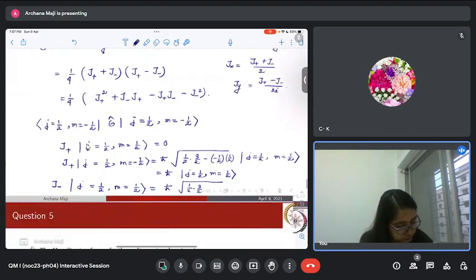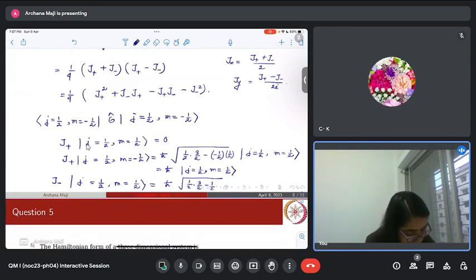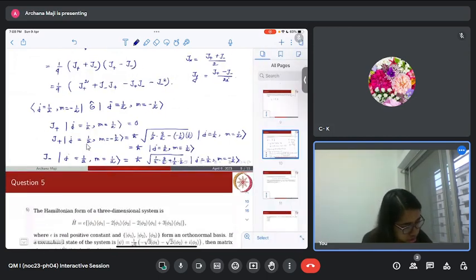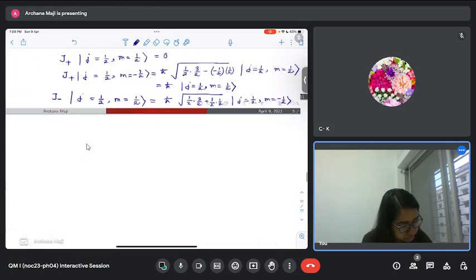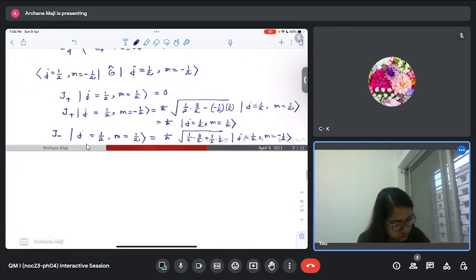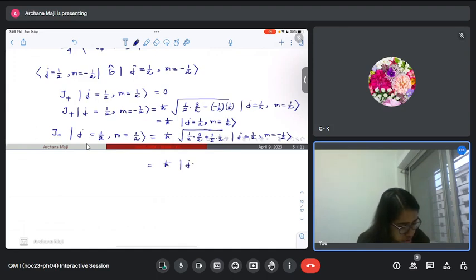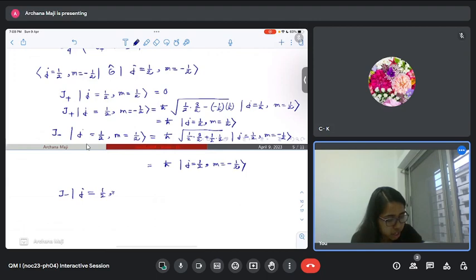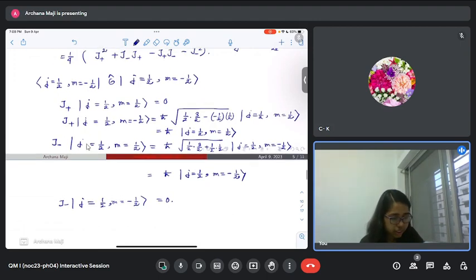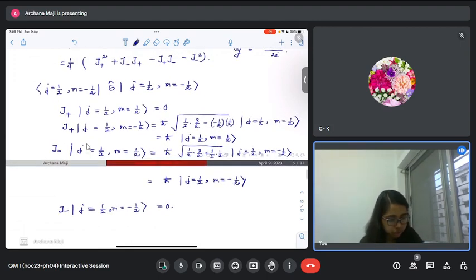But okay, minus half into m minus 1, so minus half, so 1/4. So h cross. Now j minus, when it hits m equal to minus j state, that is minus half, it gives 0. Okay, so these are the things that we need to find out that expectation value.